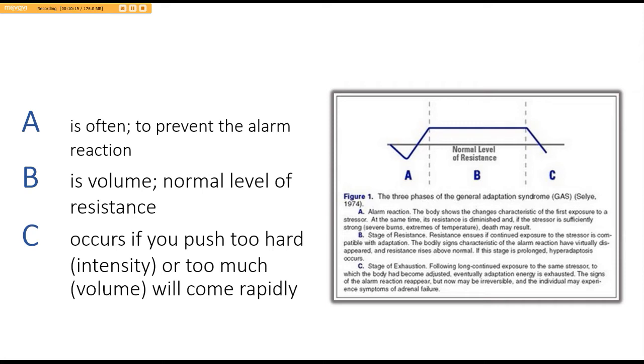Any deviation from that and you could slip into C, which is a stage of exhaustion. So how do we piece this together? We have an understanding now that we need to train often, and we need to train with a volume target each week in mind.